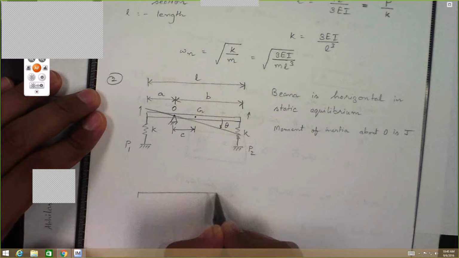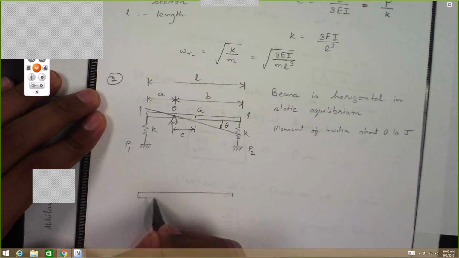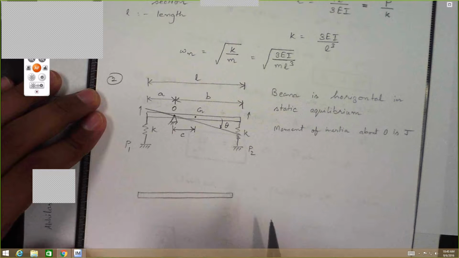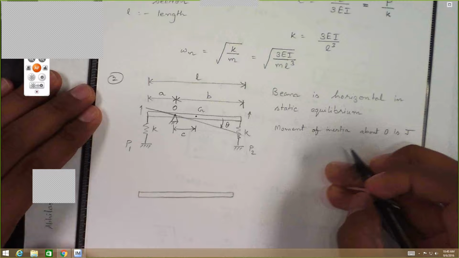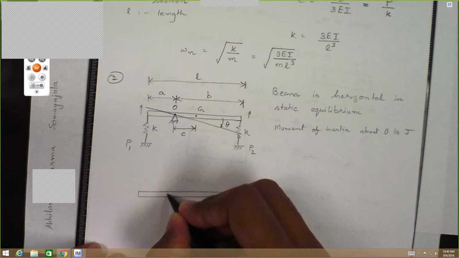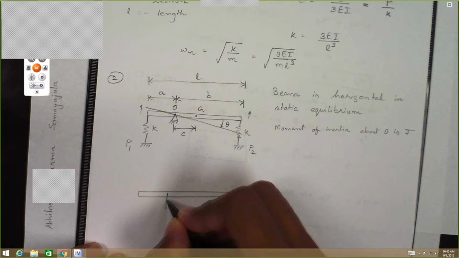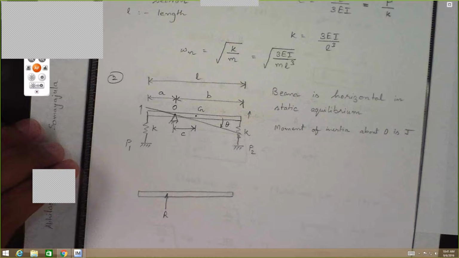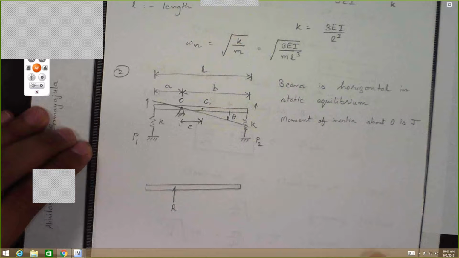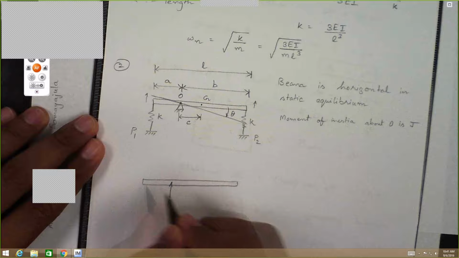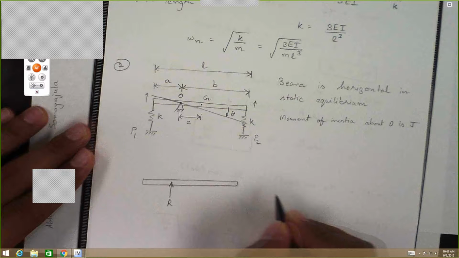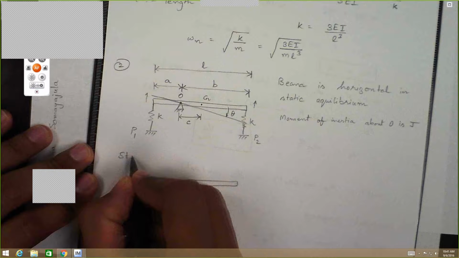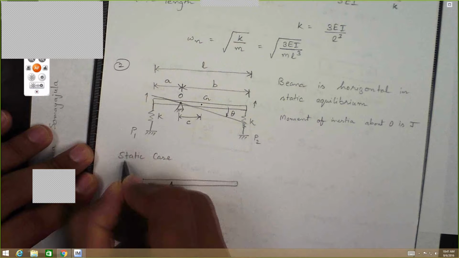So let's take a look at the beam and what are the forces acting on it. In the deflected case, you have some reaction force acting on the simple support point. Let's only consider for a minute the static case.